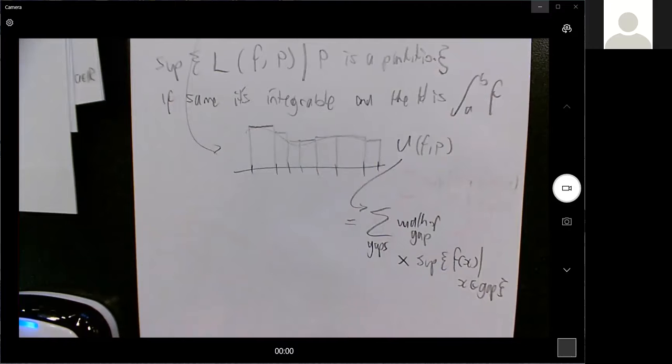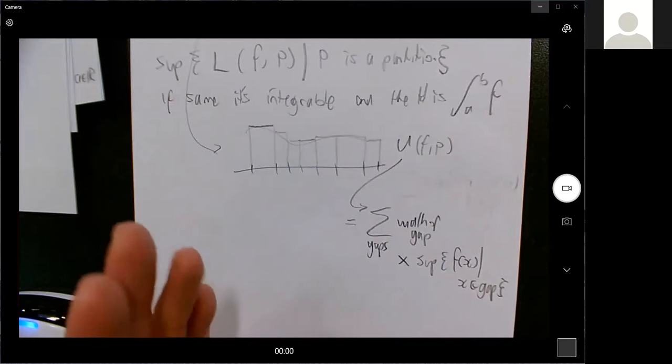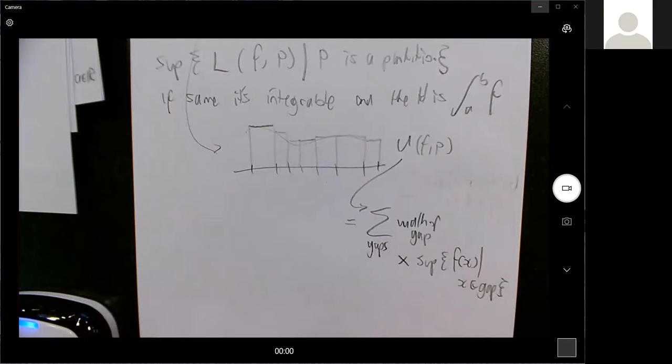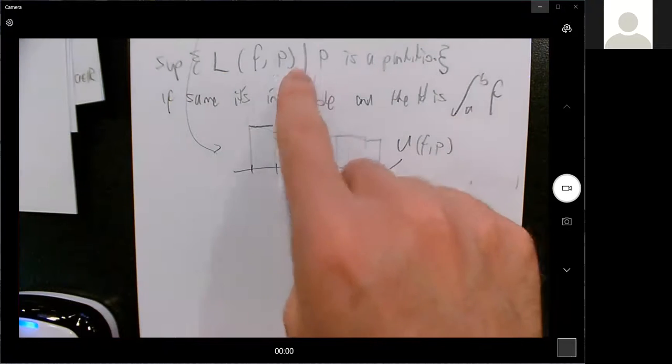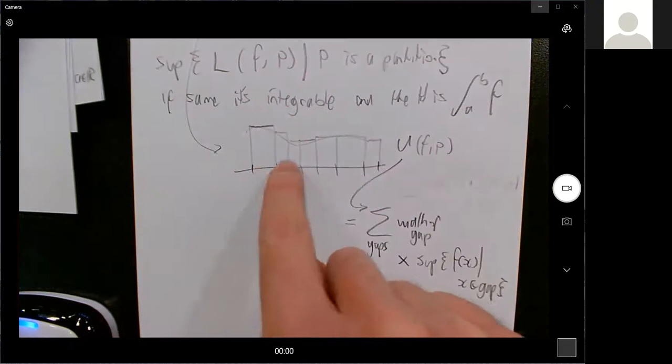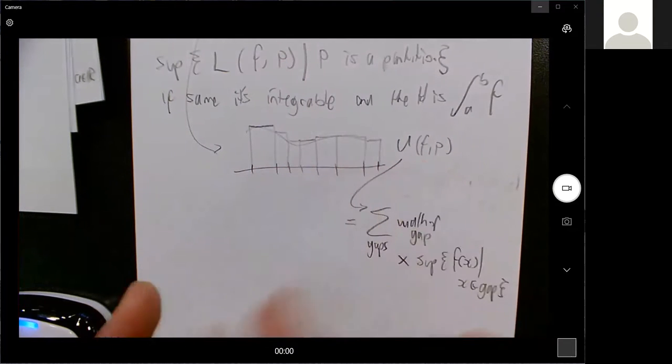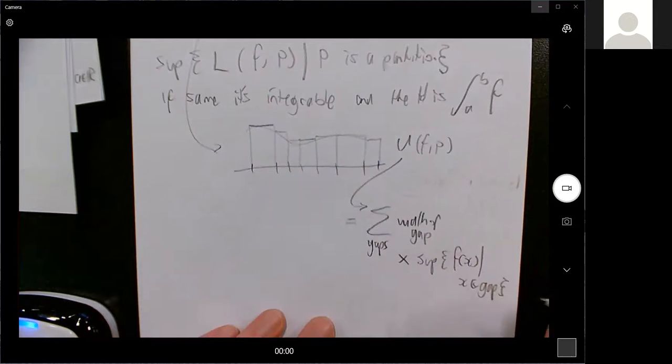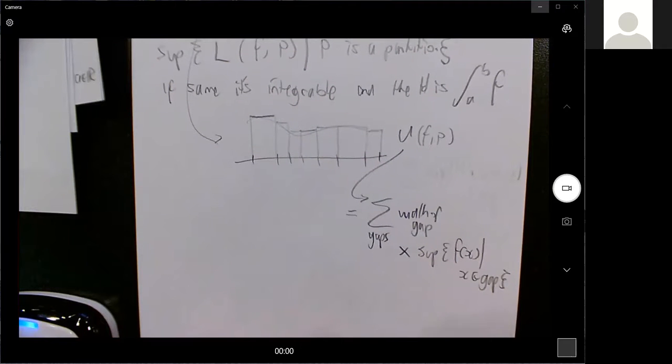And officially, a partition is a list of x's, right? It's not a list of intervals, it's just a list of different values for x that are the edges of the intervals. So the official meaning of the P is just these numbers that define the gaps between them. So, yes.